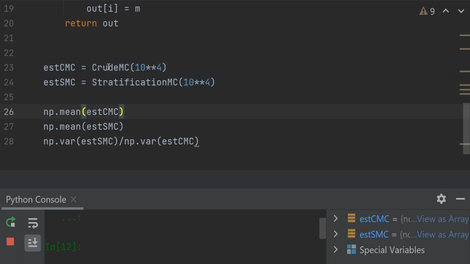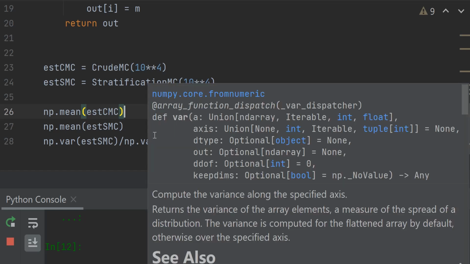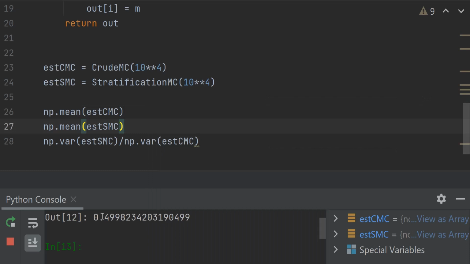Then I take the mean of my estimates, just to show you that that is extremely close to 0.5. And you can see this is very close to 0.5, and this is even closer to 0.5. But if we look at the variances of my estimates, then using stratified Monte Carlo, I have a very low variance here, but this is just an estimate, and it's based on 10,000 of these.